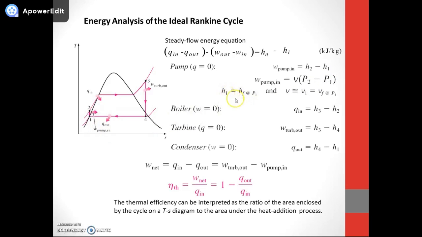So you have the value of H1 and the value of V1. You can solve this and get the work pump in. You can get H1, therefore you can get H2. Do you understand? When you get H2, insert the value of H2 in here. You have the H3 from just now, therefore you can get the Q in.